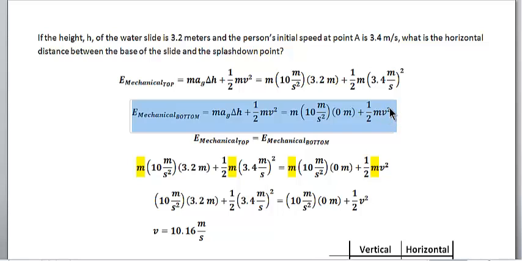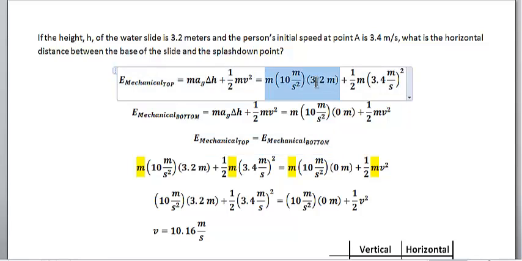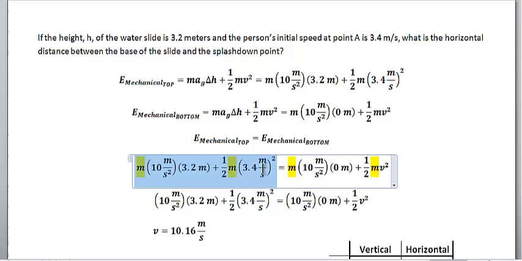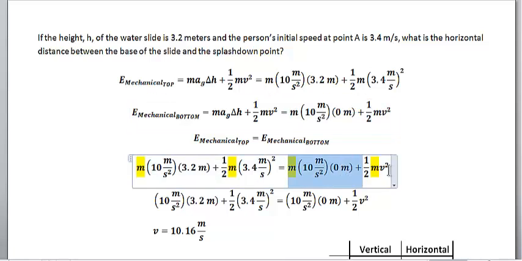There are two things we don't know right now. We don't know the mass of the kid, and we don't know the velocity of the kid at the bottom of the slide. But since there's no friction, I can set mechanical energy at the top equal to mechanical energy at the bottom.